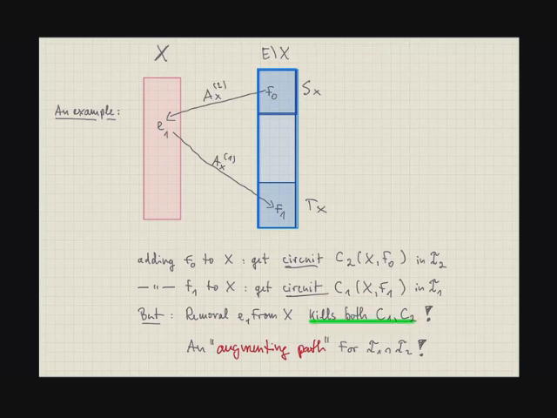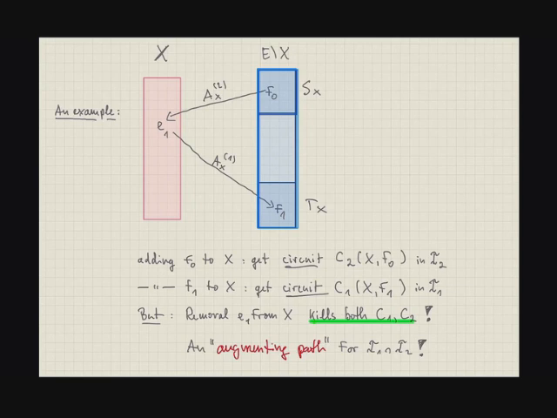So that means after I have removed this element E1, and after I have added these two elements here, I'm again independent, okay? And so you see that this directed path of length 2 is an augmenting path for the intersection of these two matroids, because I can add two elements while removing only one. So that is something nice. So this allows us to augment the size of the current set X by 1.